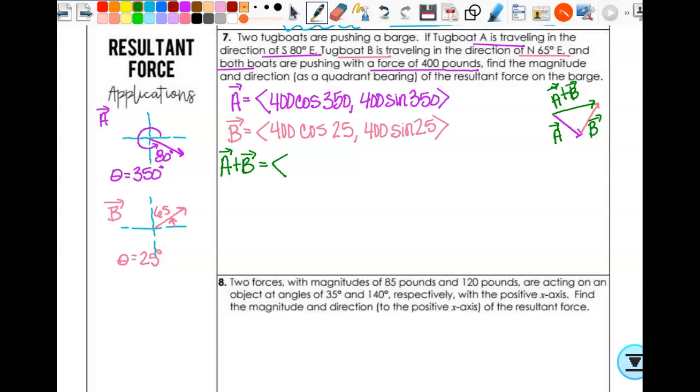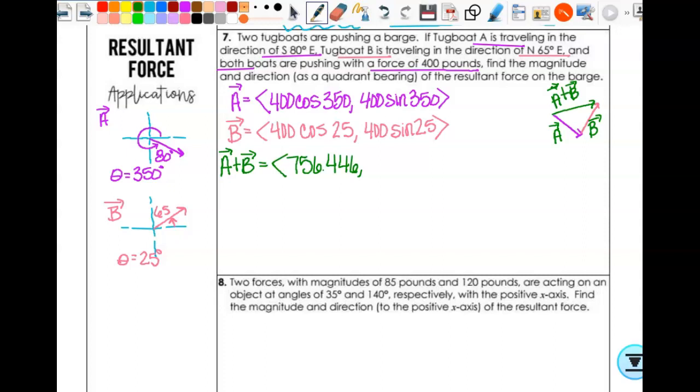So you're going to type into your calculator 400 times the cosine of 350, close your parentheses, plus 400 times the cosine of 25, hit equals. You should get 756.446, and then we're going to store it. You do shift, recall, negative sign, and it should say that your answer was stored in A. We good? Okay, so then we're going to do the same thing for the y component.